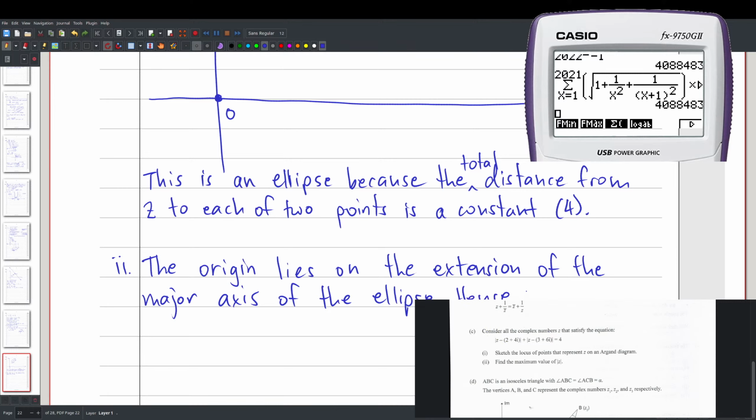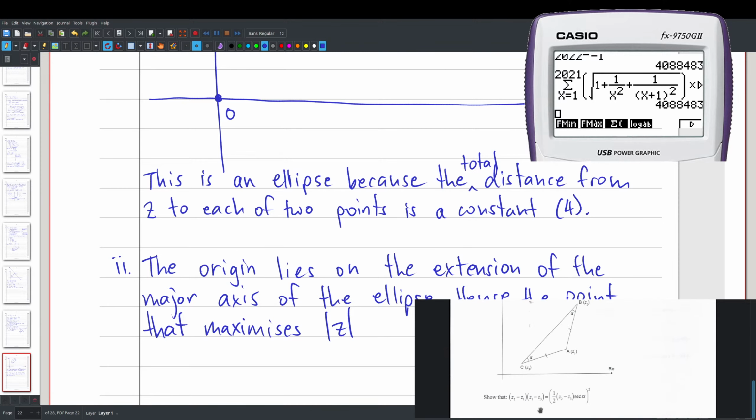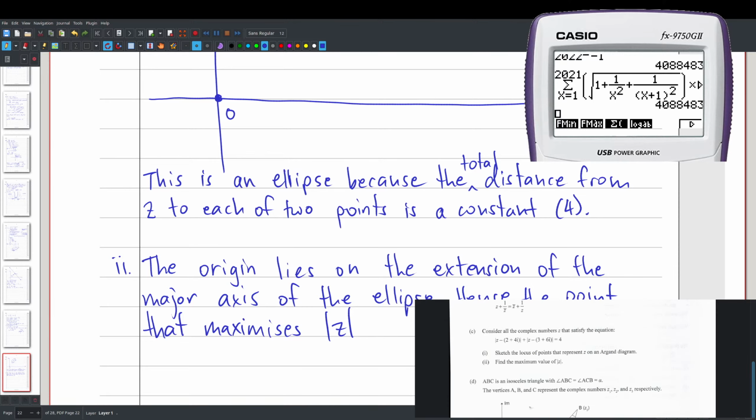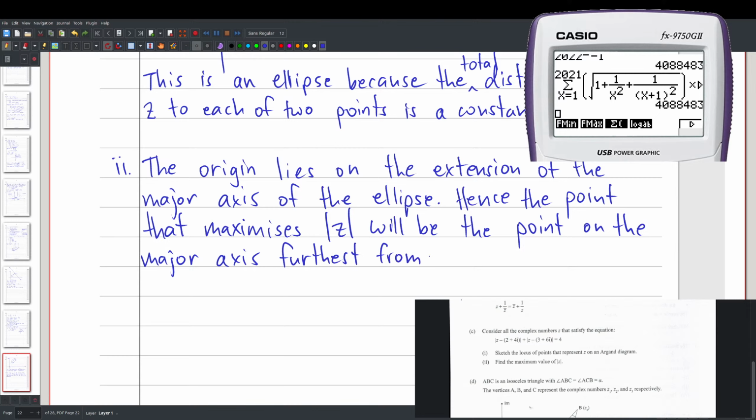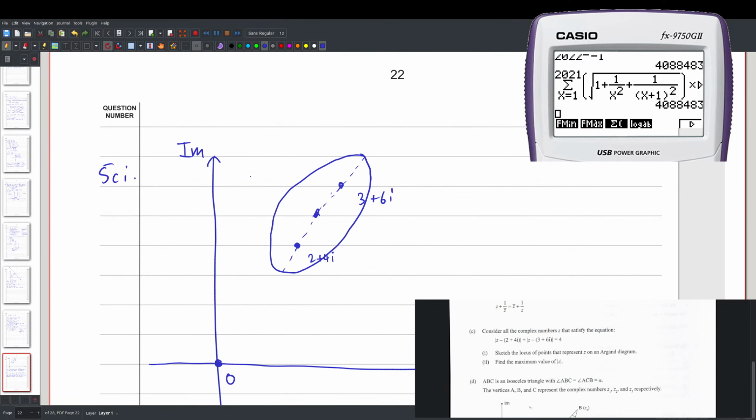Hence, the point that maximizes the absolute value of z will be the point on the major axis furthest from the origin. 2.5 plus 5i.